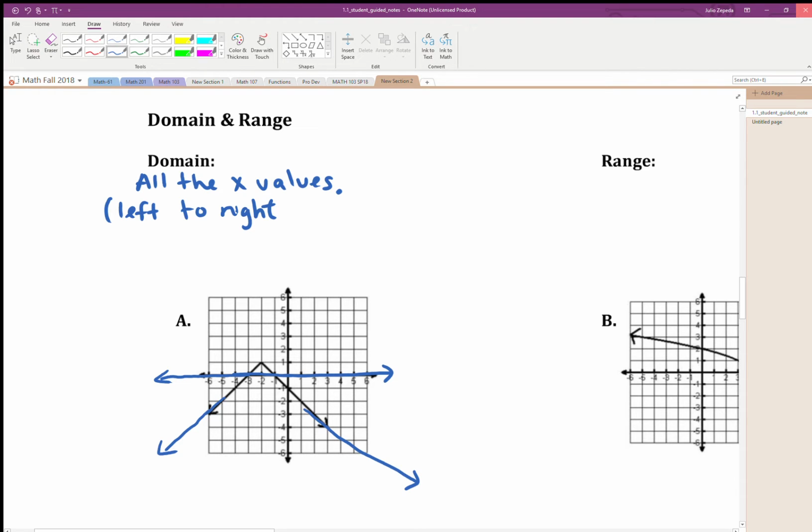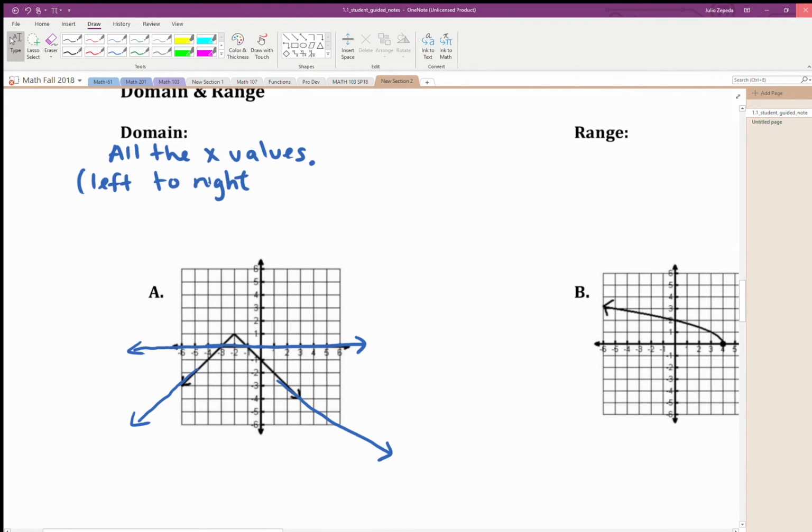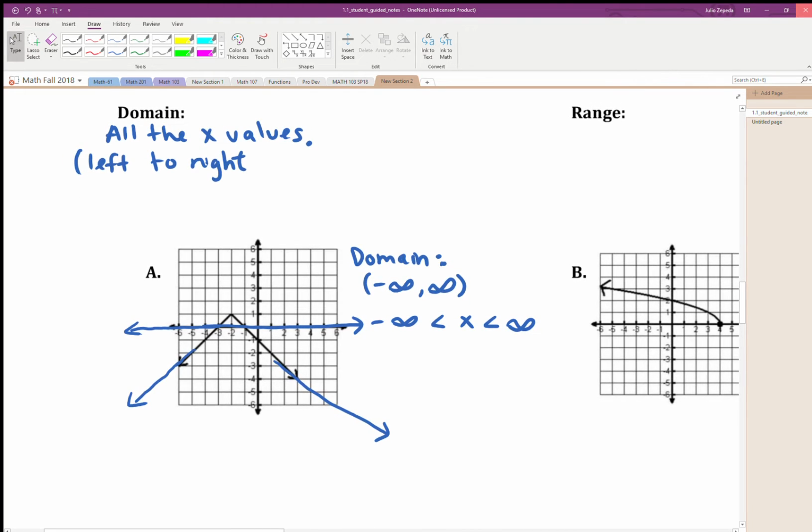So for this one, the domain is going to be from negative infinity to positive infinity. If we wanted to write that using inequality notation, we would say negative infinity less than x less than positive infinity, with our less than signs just like that. So that's the domain for this first graph.